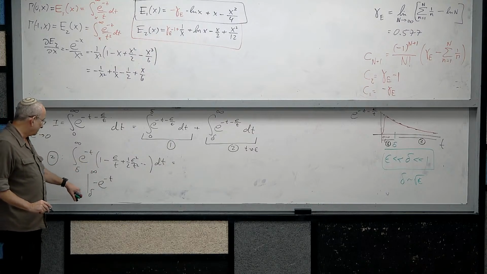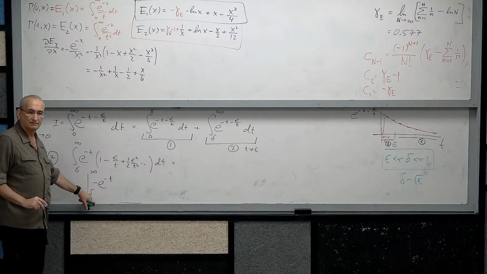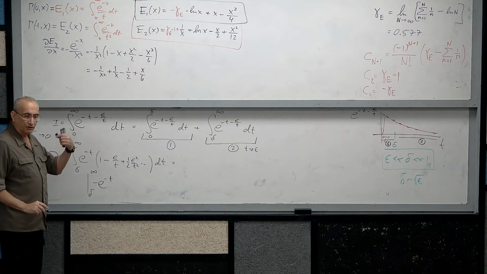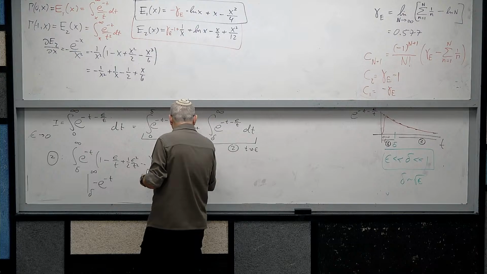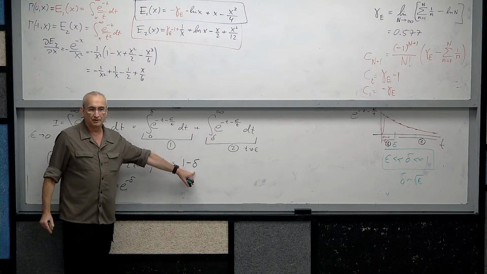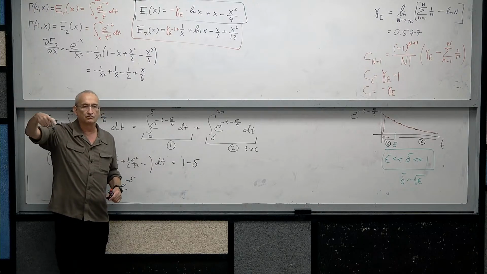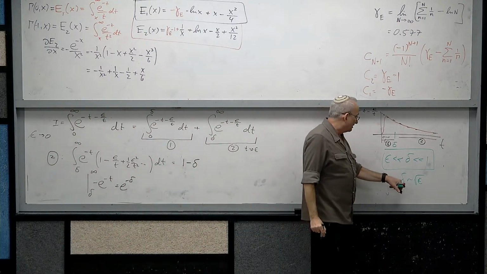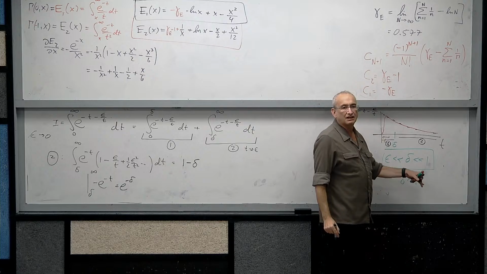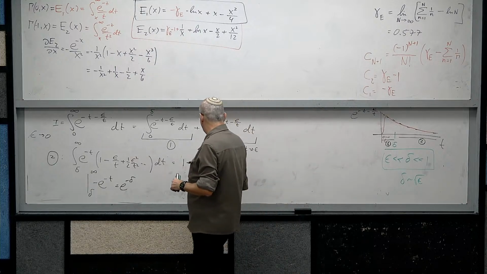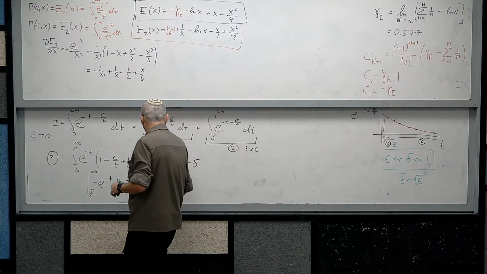And this will give me simply e to the minus delta. But because delta is small, and I would like to keep only the relevant terms, I will replace it with 1 minus delta. If I want higher orders, then I can write delta squared over 2, and so on and so forth. But I can assume that delta is some power of epsilon, such that delta squared is already smaller than epsilon. Okay? So I will keep only the first order.